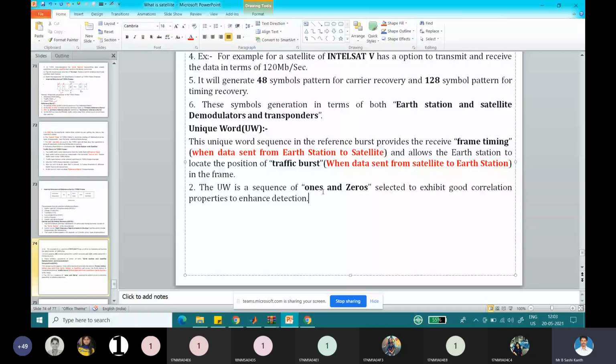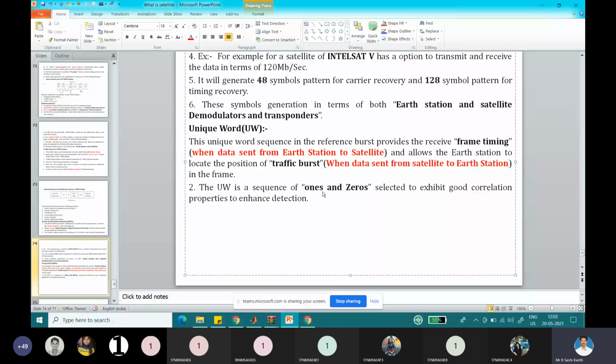That value is stored in the unique word to identify where the traffic burst is present in the TDMA frame. So this is about the unique word that we have.